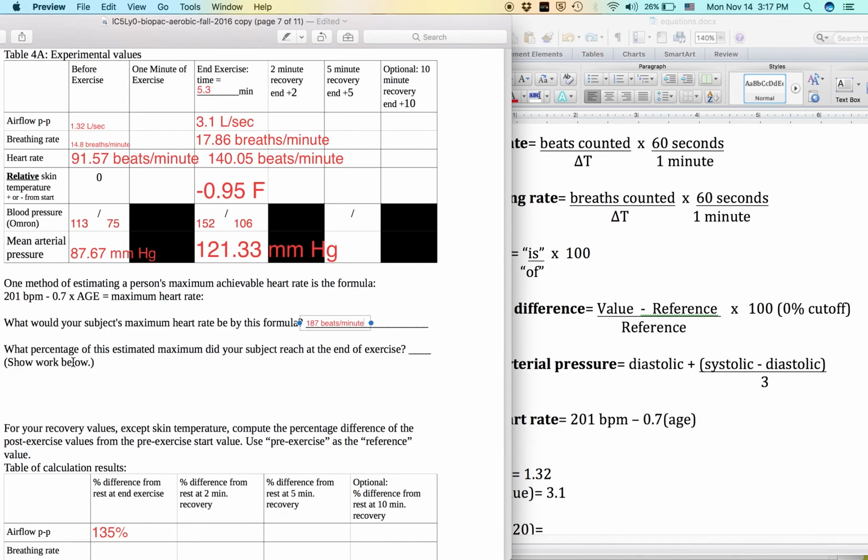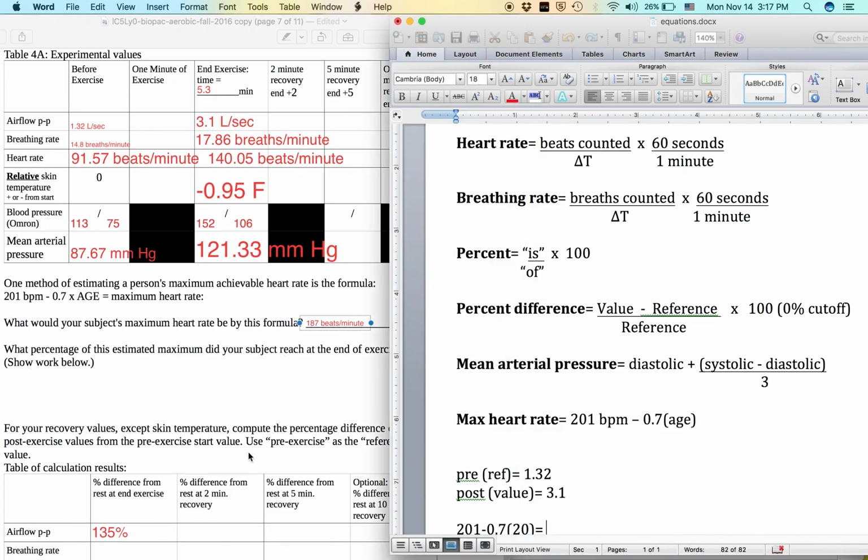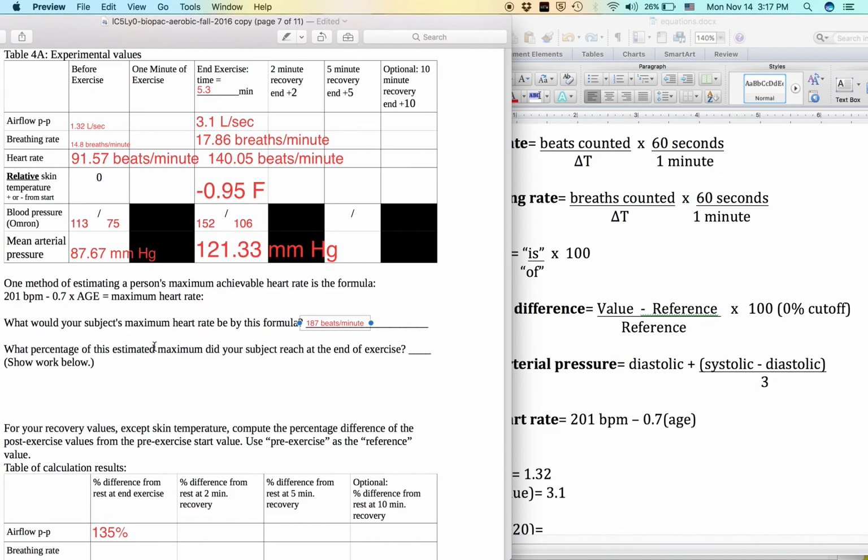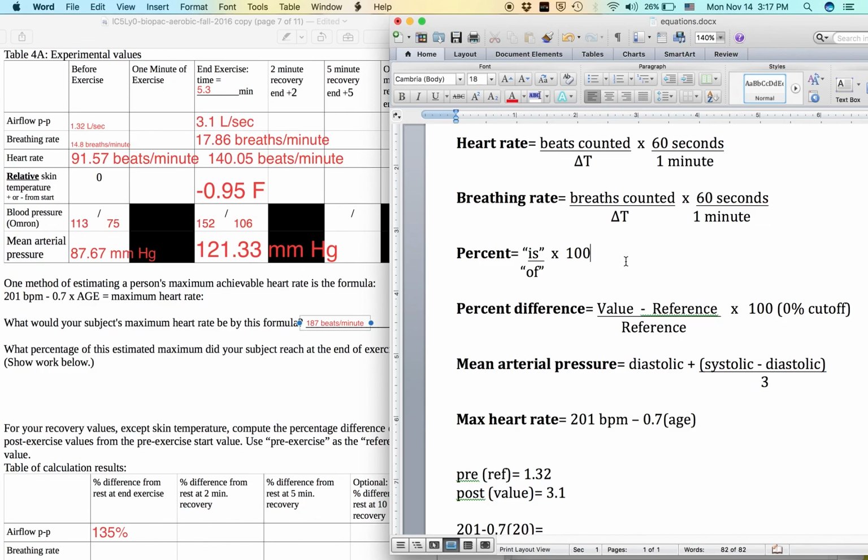Okay, so what percentage of this estimated maximum did your subject reach at the end of exercise? So again, this is over of, so what percent of the estimated maximum? So the of is the 187, so we're going to say that our heart rate for the part is 140.